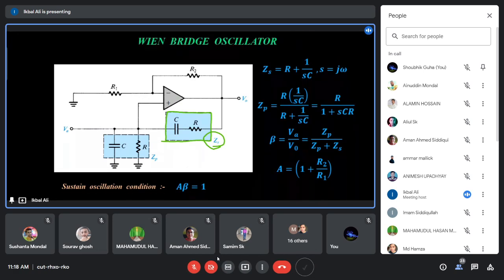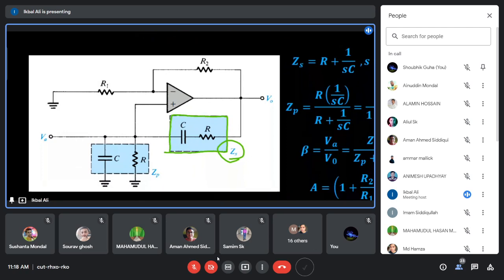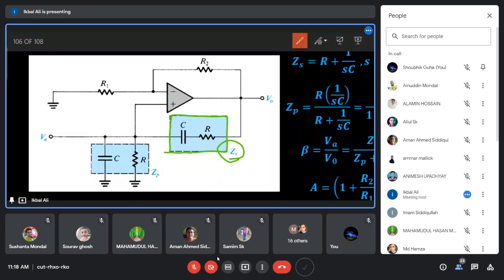Are you getting it? I hope so. This is the series combination of capacitance and resistance, and we call it a single impedance, ZS. And this parallel combination of CR, connected between the non-inverting input terminal, the plus terminal of the op-amp, and the ground, we consider as a single impedance, the parallel combination of C and R, that is ZP.